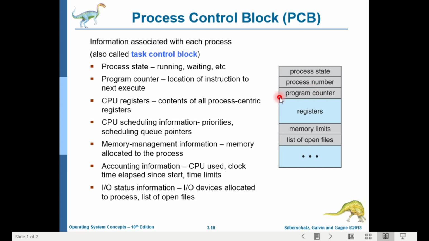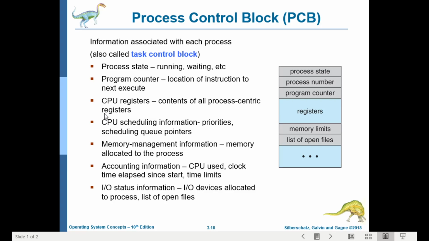Then we have a program counter. The program counter is the location of the next instruction to execute. Then we also have CPU registers that contain all process-centric registers.